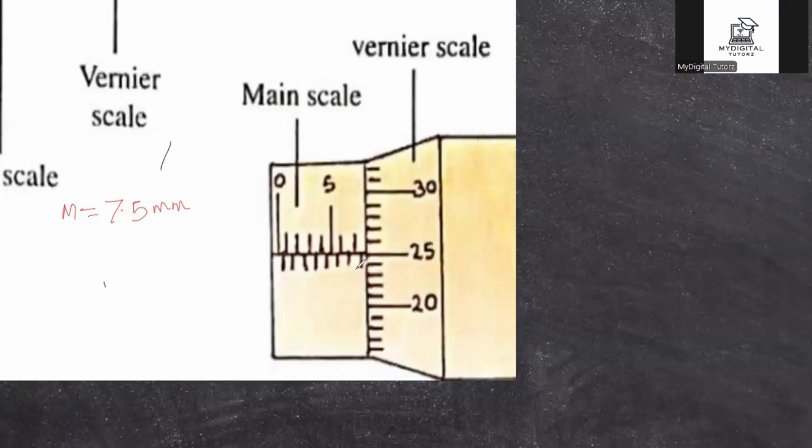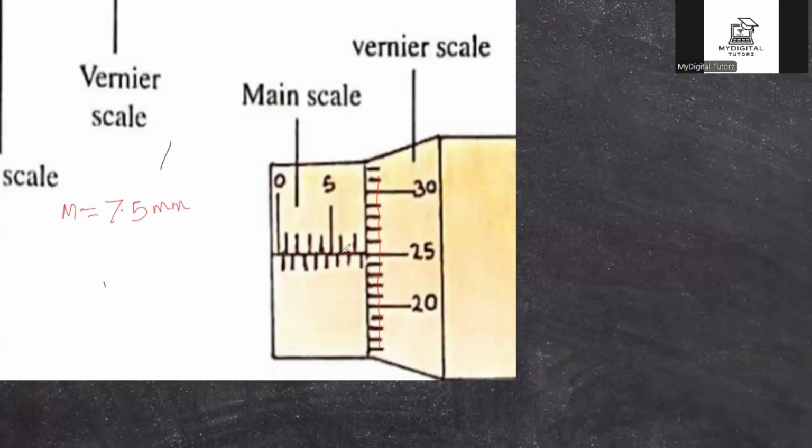Now, to get our vernier scale reading, we are looking for a point of coincidence again. You're supposed to understand what I mean by point of coincidence. We are looking for a point where any line in this vernier scale is in coincidence with any line here.